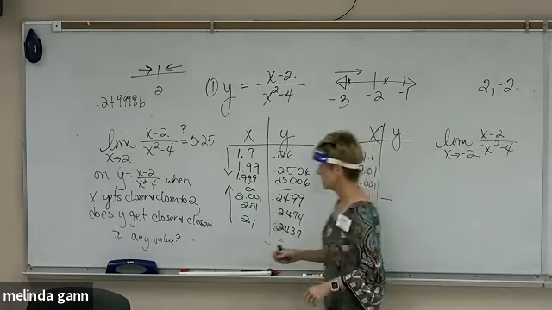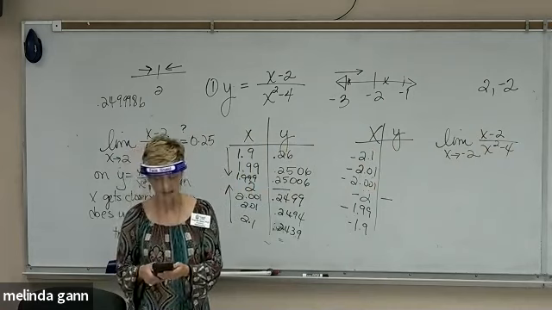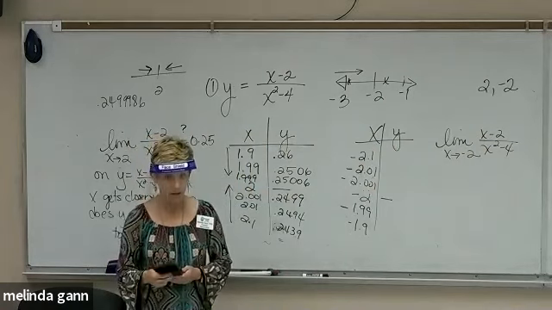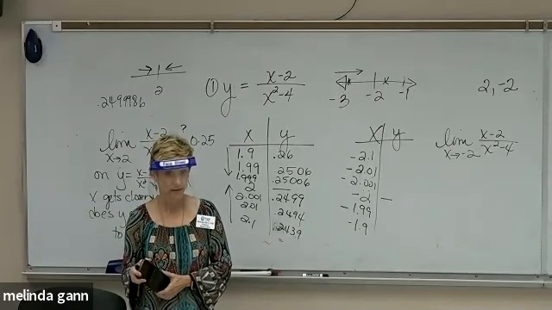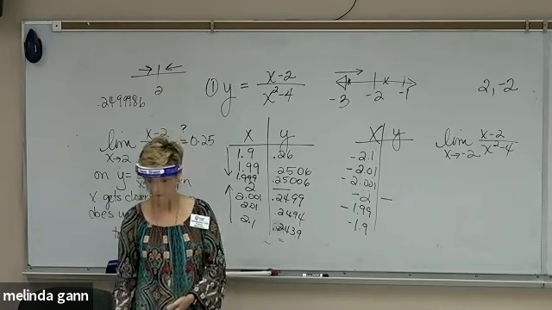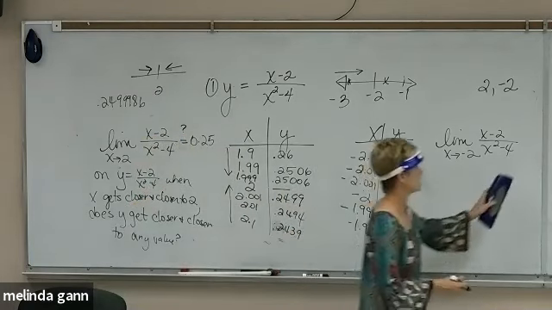Now, you do know that you can go into that y equals and type it in, and then go over there to your table and just change it from auto to ask, and make the calculator do all the work. So you work on that table while I go draw something over here real quick.